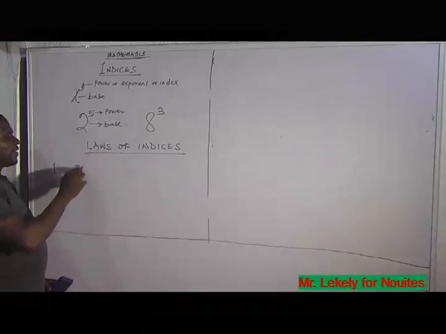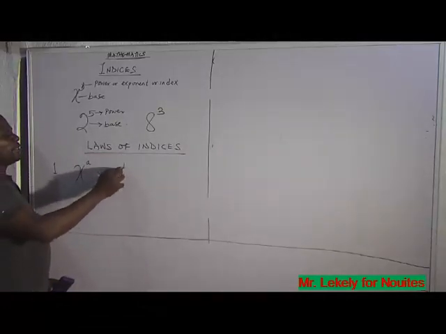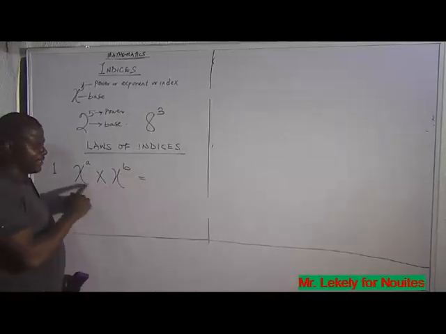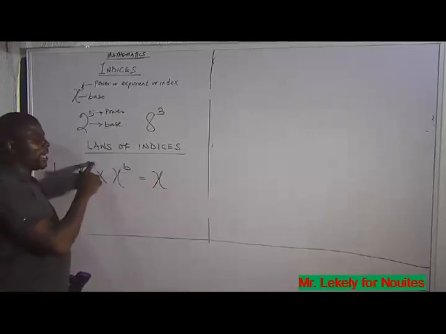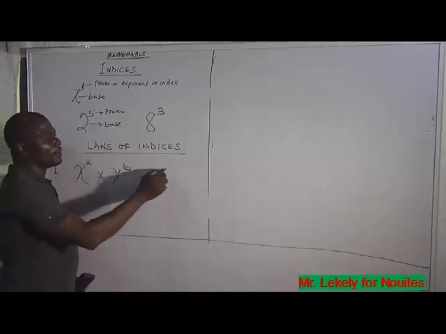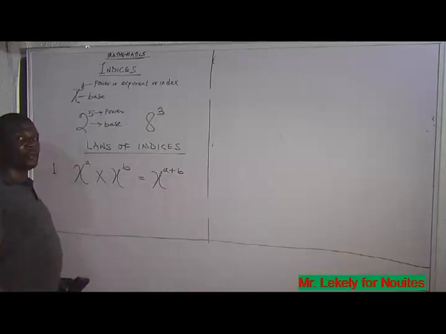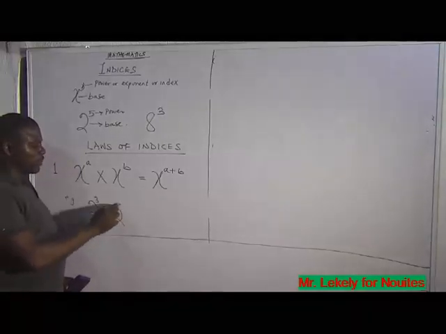Law 1 says if I have x raised to power a times x raised to power b, now because they have the same base, I'll pick one of the bases and add the power, a plus b.